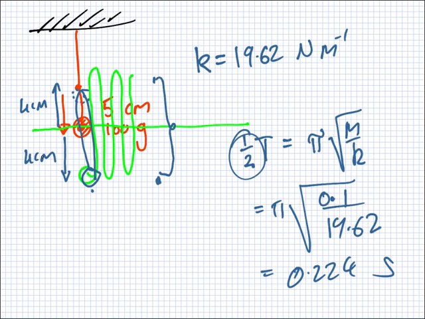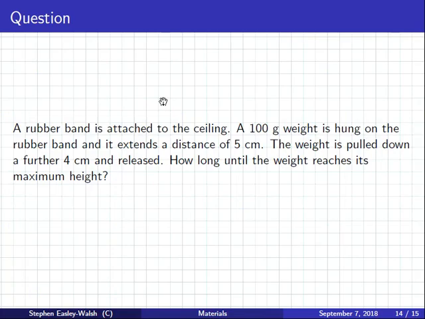If we get a T, we have to multiply by 2. If you got the T, you would need to divide by 2. If you multiply this by 2, that's the time to go up and down. My question, Ben, was what's the time to go from here to here? My question was, how long until the weight reaches its maximum height?